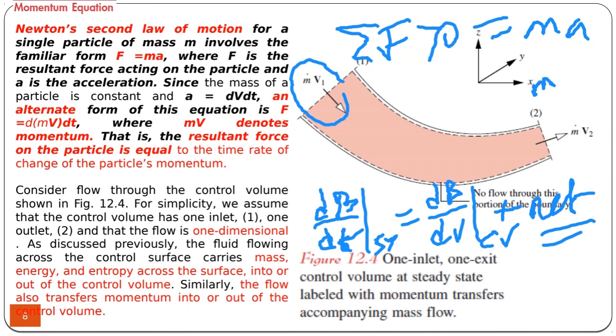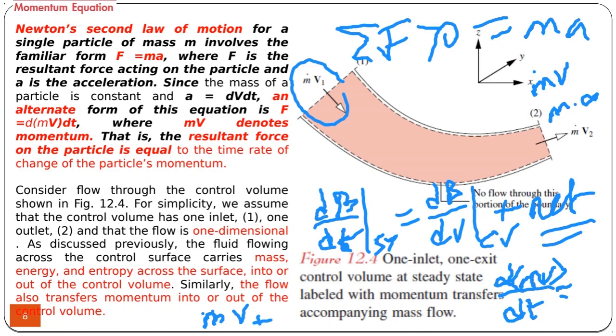Normally momentum is mv, and the time rate of it is either m dot v or m times a, because when you take the derivative of mv, you get m a. Also, if m is changing, m dot v plus m a, right? Chain rule.